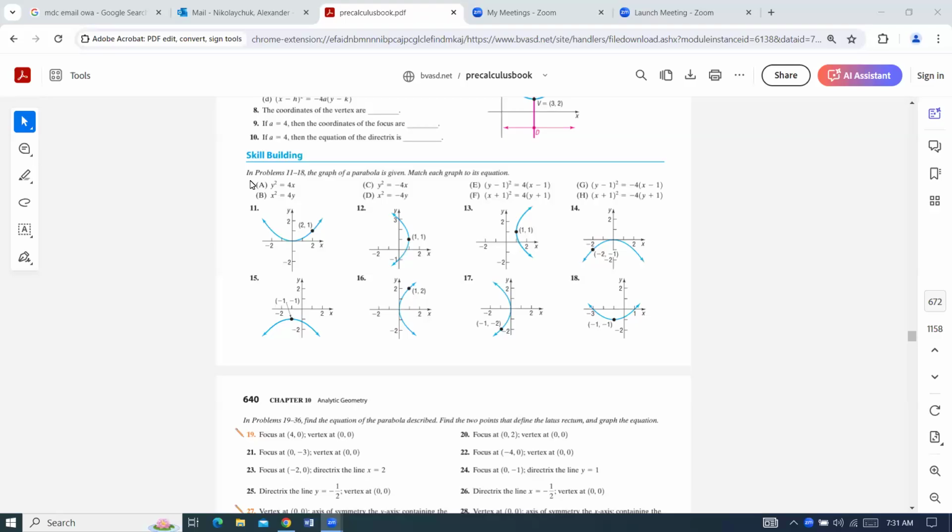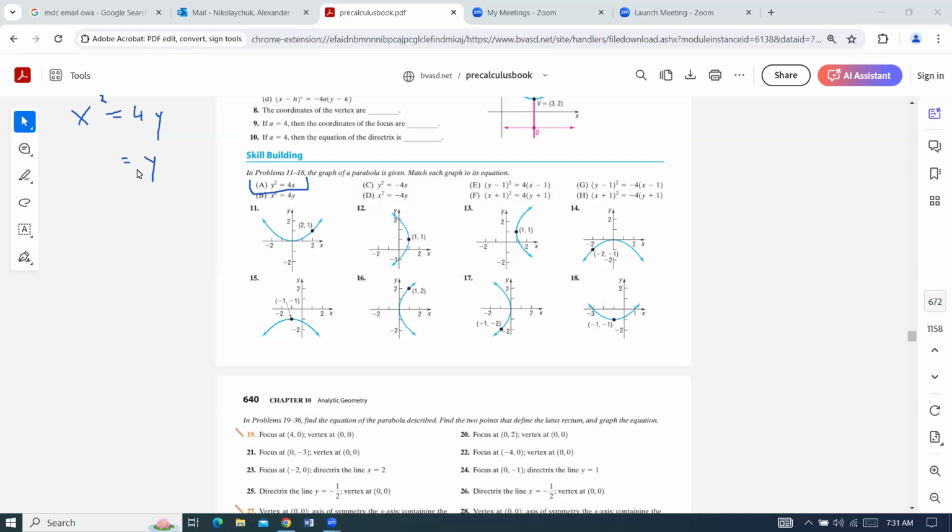So the question was to find the picture of this equation, and I guess using analogy with our parabolas that we were graphing before.